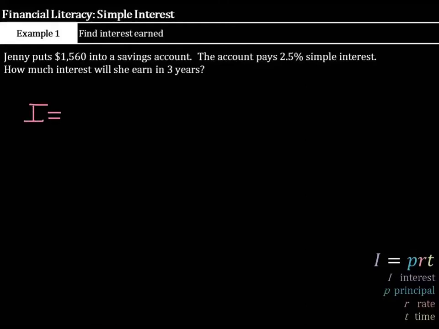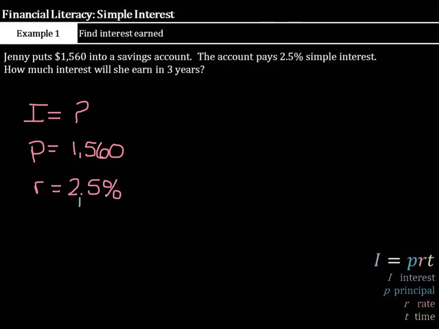I is interest, and that's the thing we don't know, so we'll just be keeping that as a variable. P is the principal. Well, the principal, remember, is the money that you put in or borrow. In this case, you're putting in $1,560. R is the rate, and this rate is 2.5%, but remember, this has to be written as a decimal.